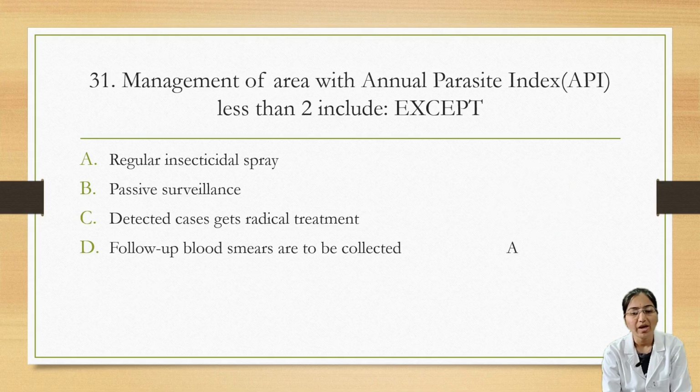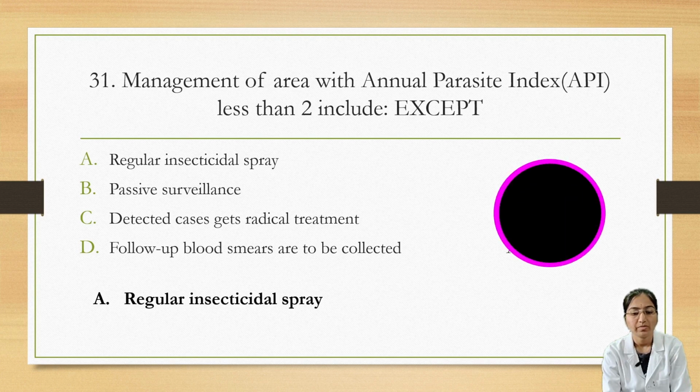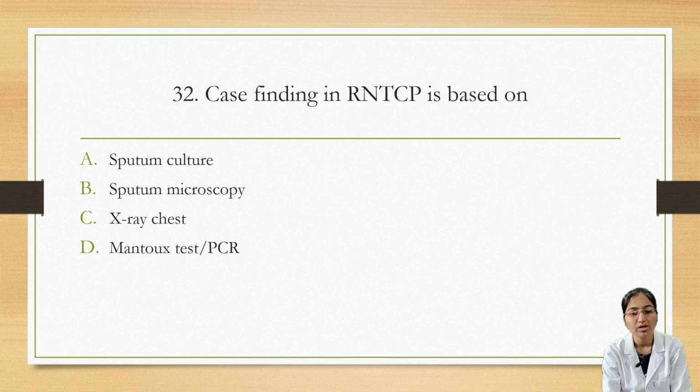Next question, management of area with annual parasite incidence less than 2 includes, except. Right option is A, that is regular insecticidal spray. Next question, case finding in RNTCP is based on.